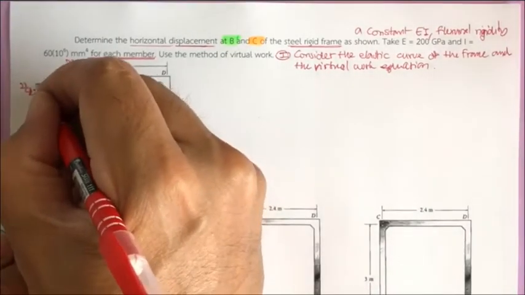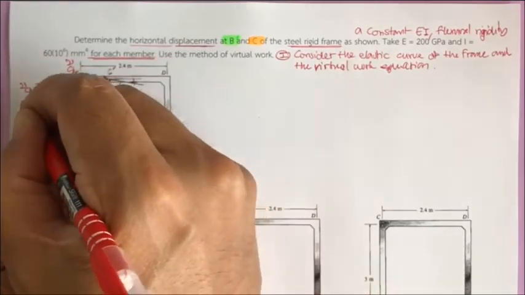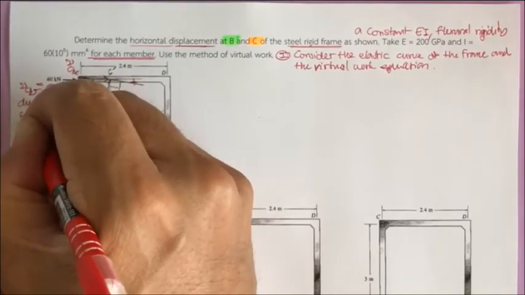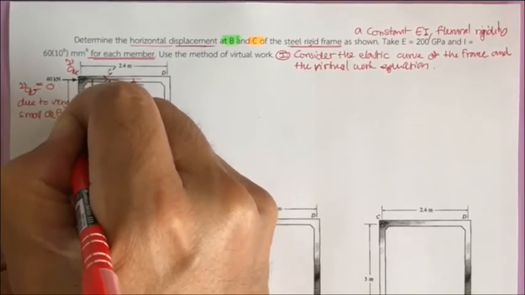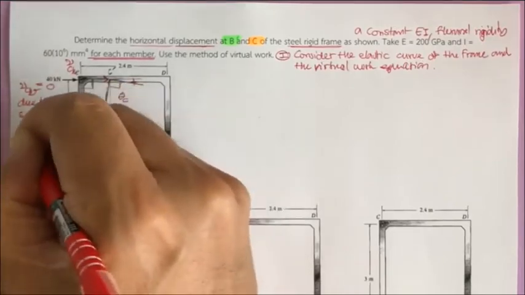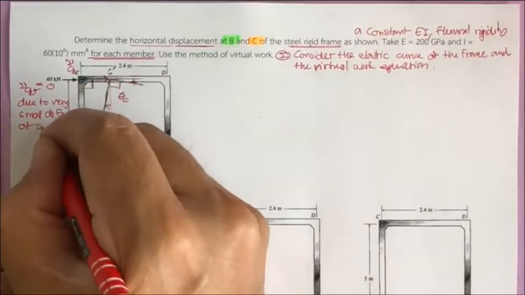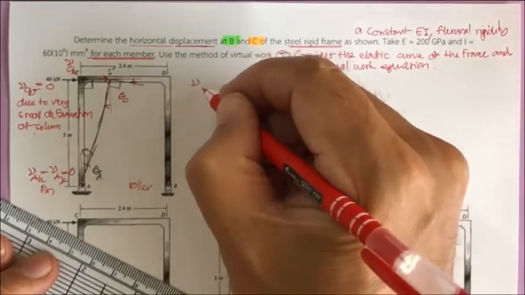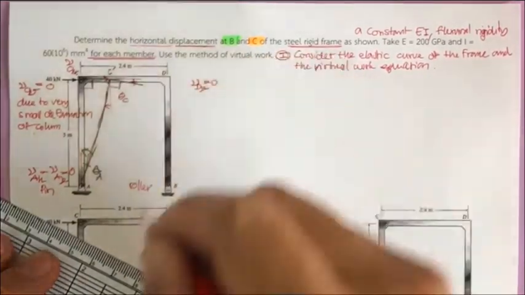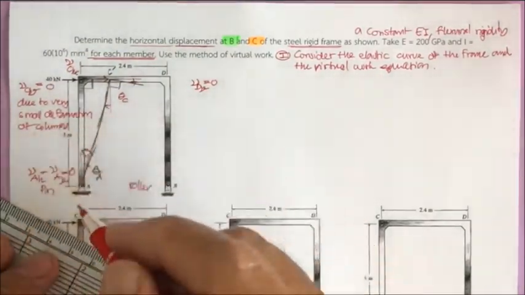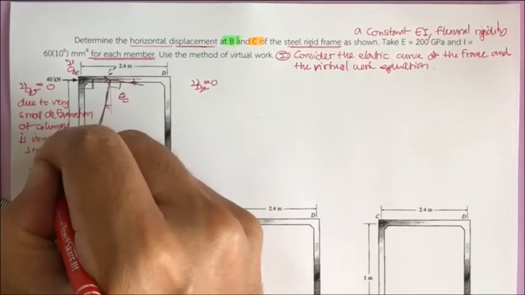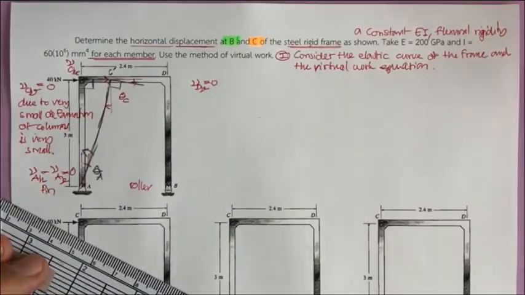The vertical displacement at C is 0 due to the very small deformation of the column, because the axial deformation of the column is very small compared to the other displacements.